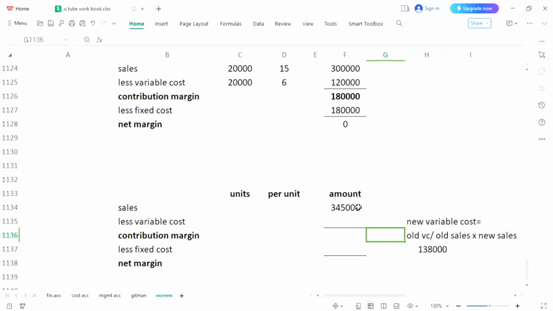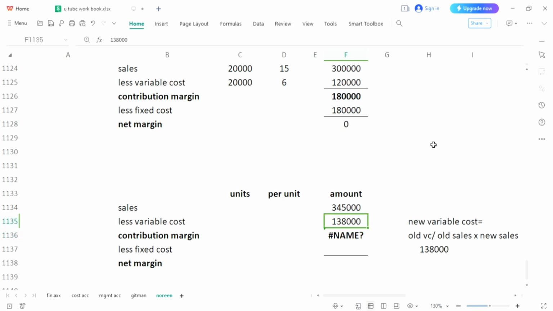So put 1,38,000 new variable cost over here. Contribution margin we can calculate, which is the difference between sales and variable cost. Sale is 3,45,000. To calculate the difference, we will subtract variable cost, which is 1,38,000. So we have got our contribution margin.